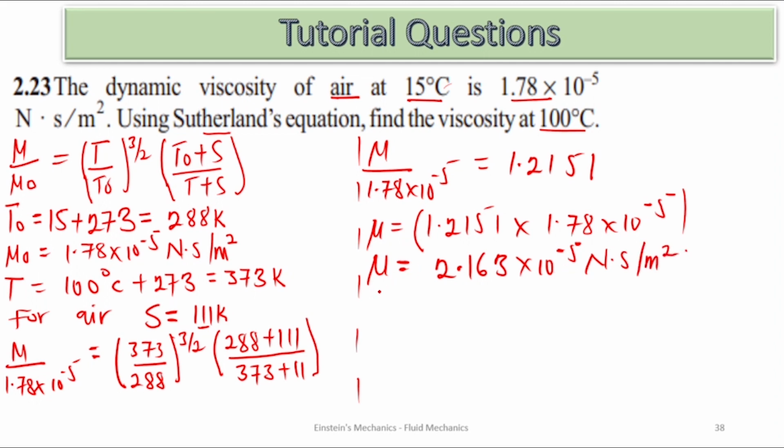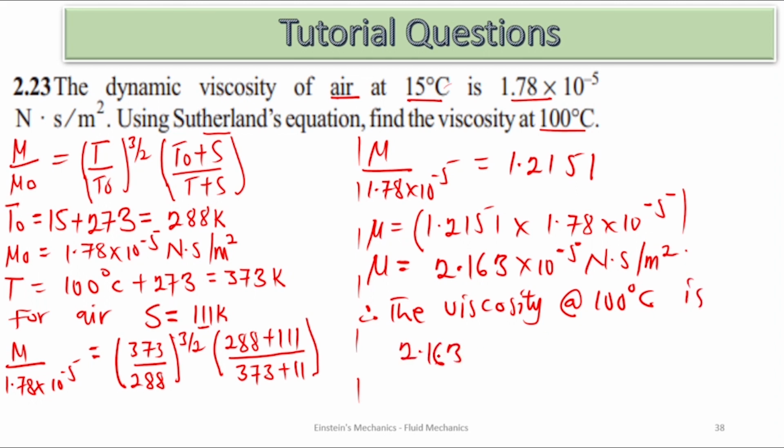And you can conclude that, therefore, the viscosity at 100 degrees Celsius is 2.163 times 10 to the power negative 5 Newton second per meter square.